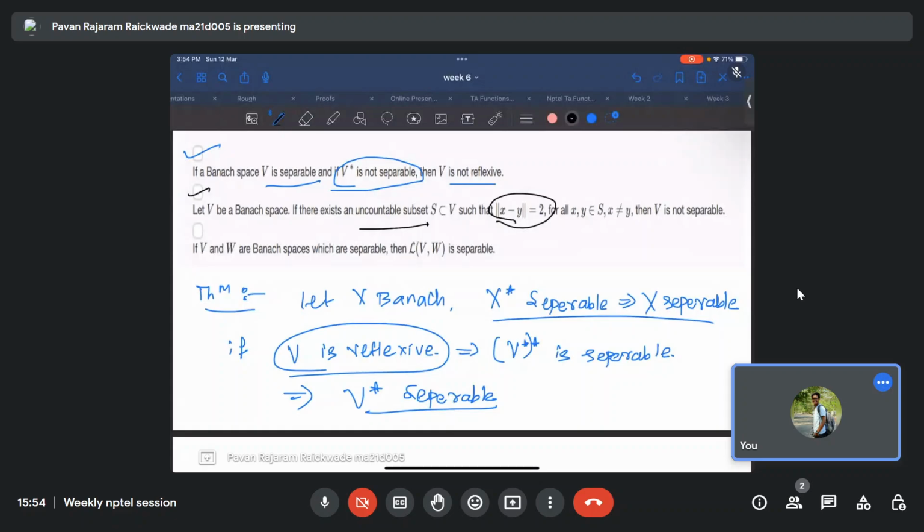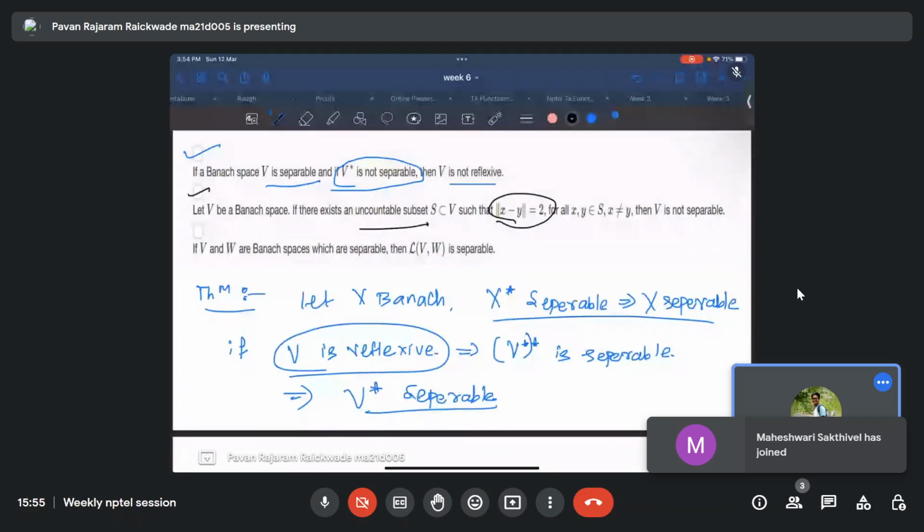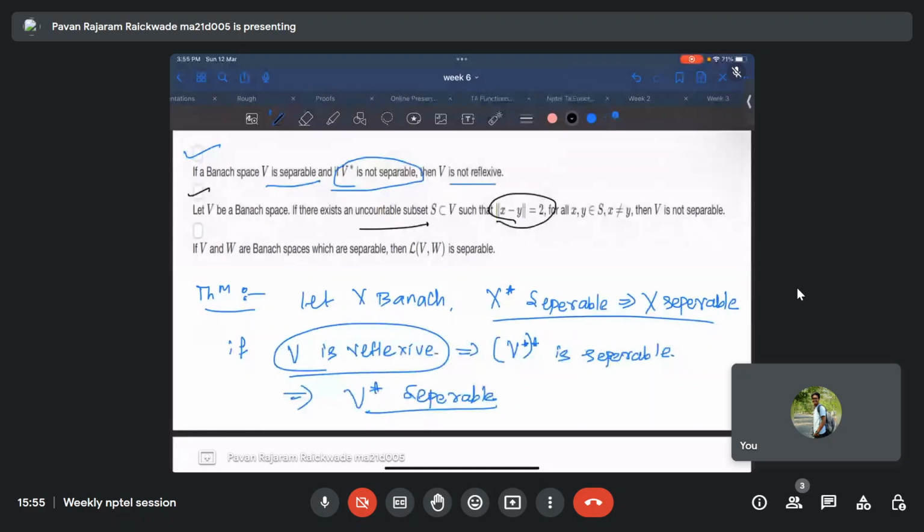This is clear, right? Second option is clear, right?